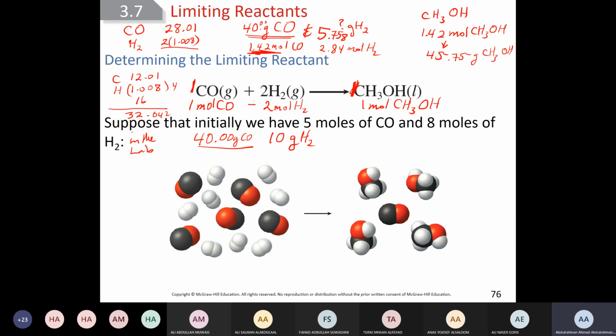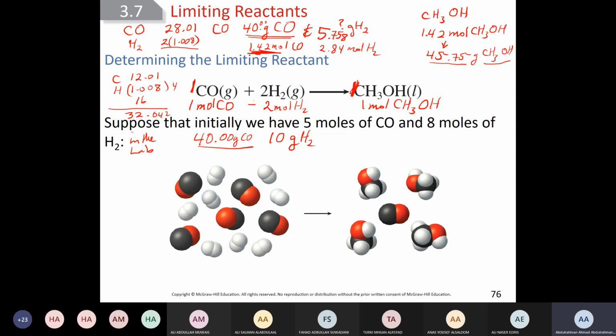Remember this. What I did, I mixed 40 grams of CO with 5.758 gram of H2 and then I got 45.75 gram CH3OH. We did it from the calculation up.